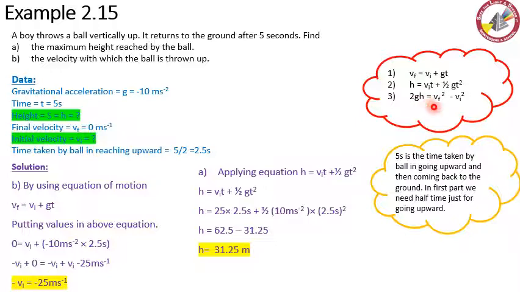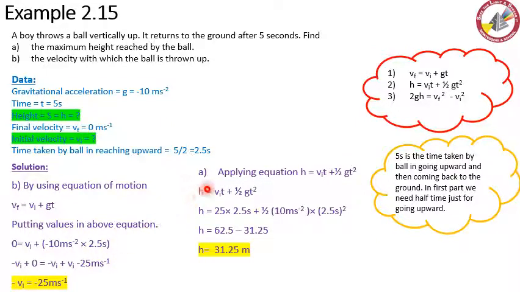Once again, in this formula, we have final velocity and initial velocity. The initial velocity is missing. So first we have to find out the initial velocity to find out the height. To find out initial velocity, look at this formula list. In formula 1, Vf is given, g is given, t is given. By using this formula and putting the values in it, we will get initial velocity 25 meters per second.